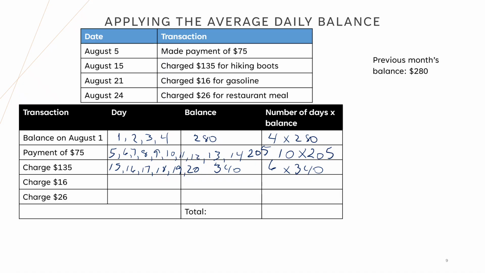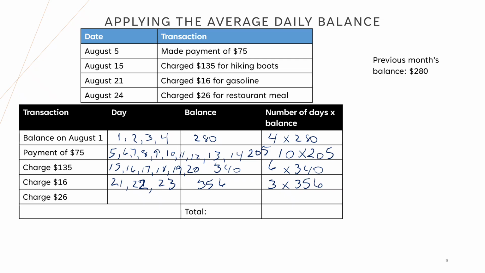Then we charge $16 on the 21st. So for the 21st, 22nd, and the 23rd, our balance is $356. So for 3 days, our balance is $356.